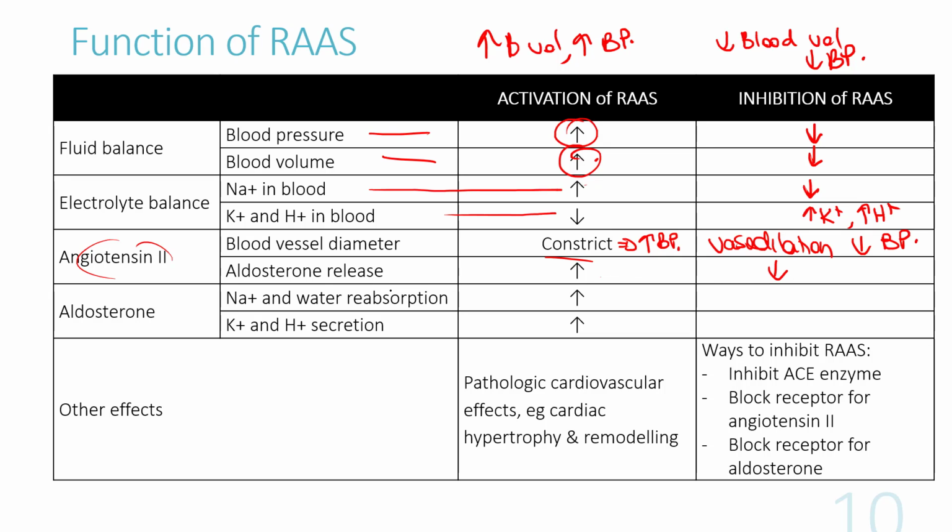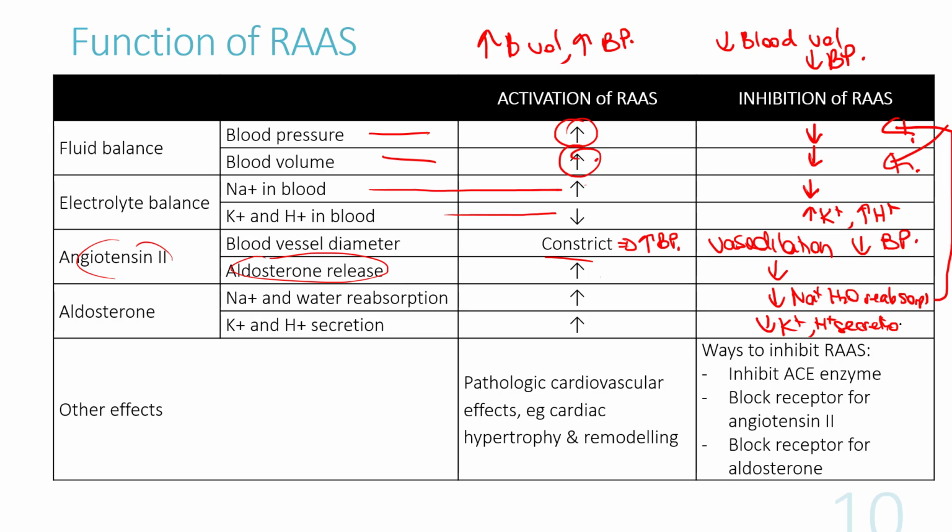It also decreases release of aldosterone, and aldosterone then leads to a decrease in sodium water reabsorption, which then causes a decrease in blood pressure and blood volume, and it decreases potassium and hydrogen ion secretion.